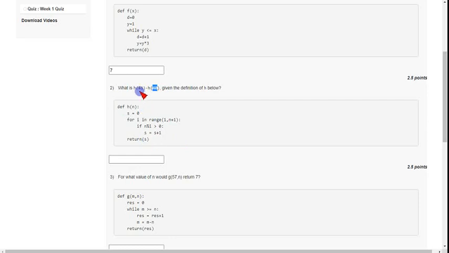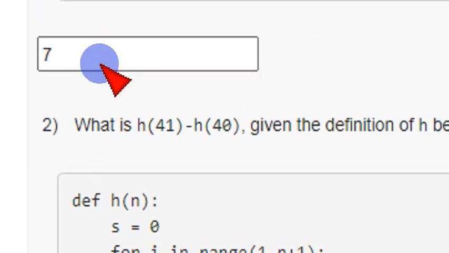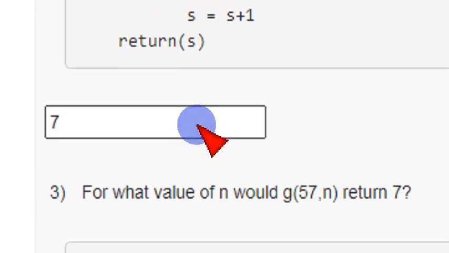So the first function minus the second function's result we should enter in this blank. So if we do this, we will get the answer again 7 only. So if you see this, the first answer is 7, the second answer is also 7.